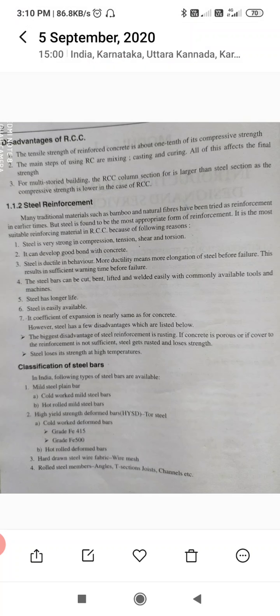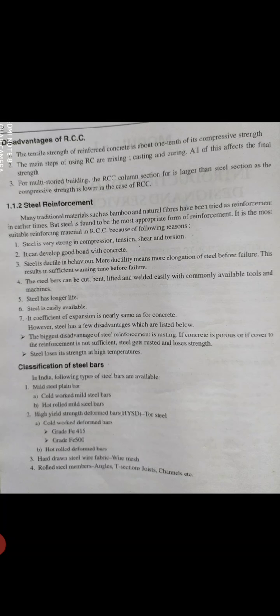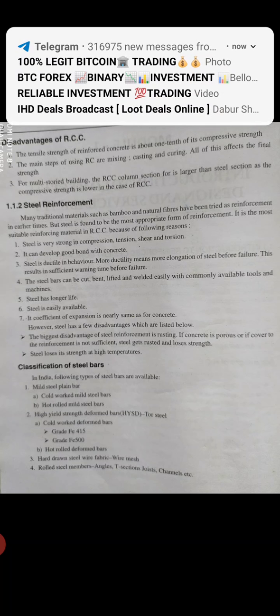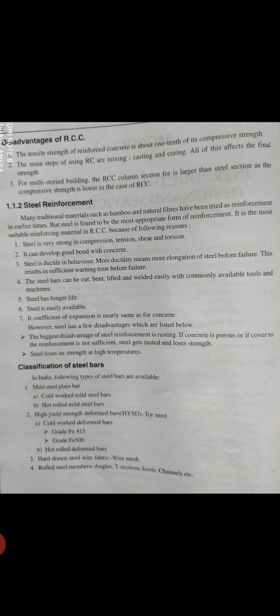Then the next one is the classification of steel bars in India. These following types of bars are available and are used for different construction work. One is mild steel, that is a plain bar. Cold worked mild steel bars or hot rolled mild steel bars are available in the market.